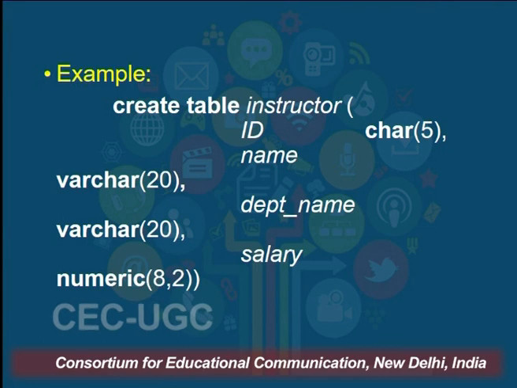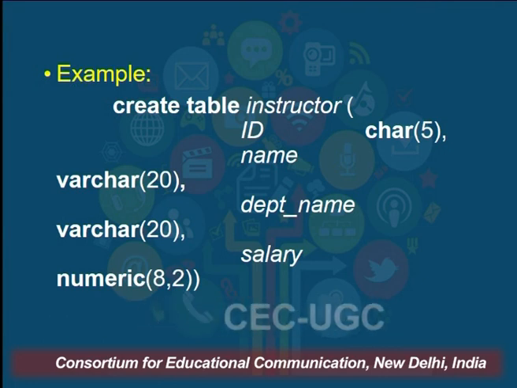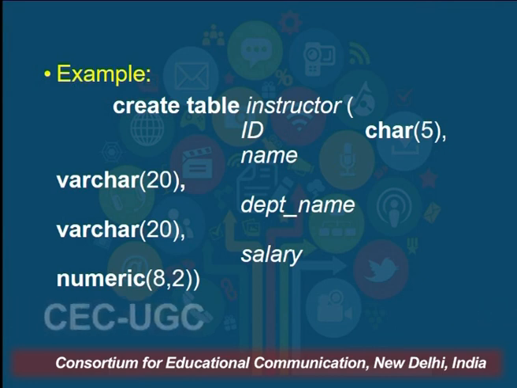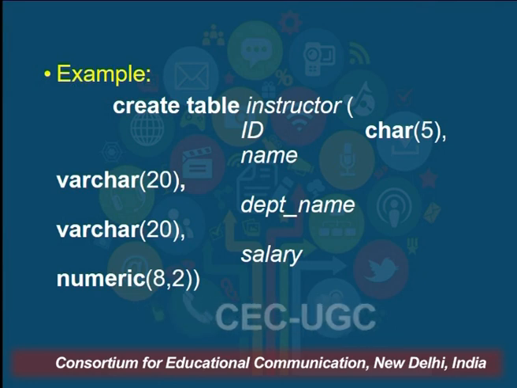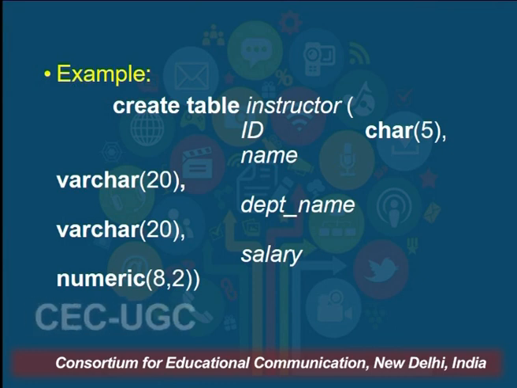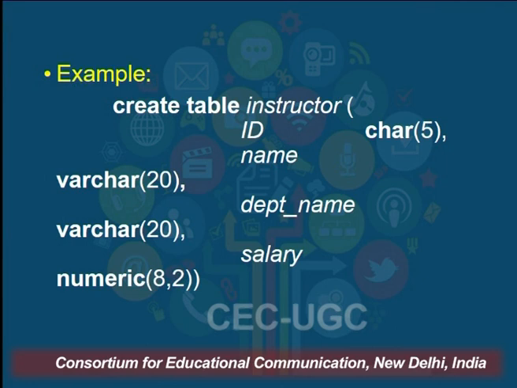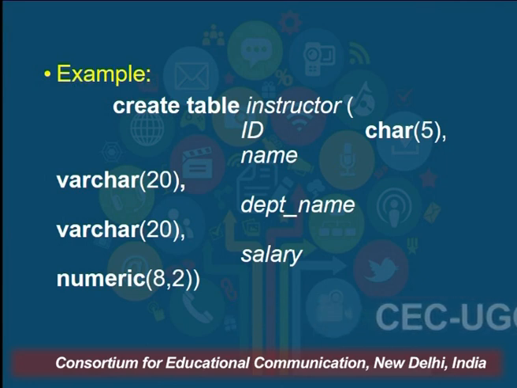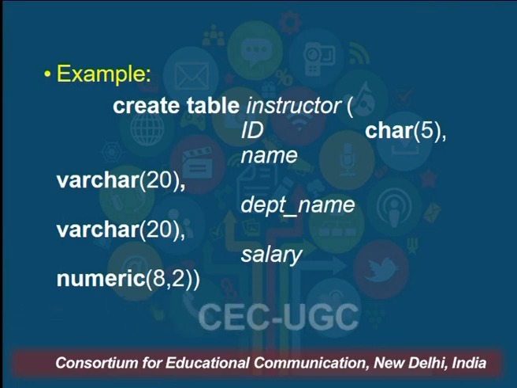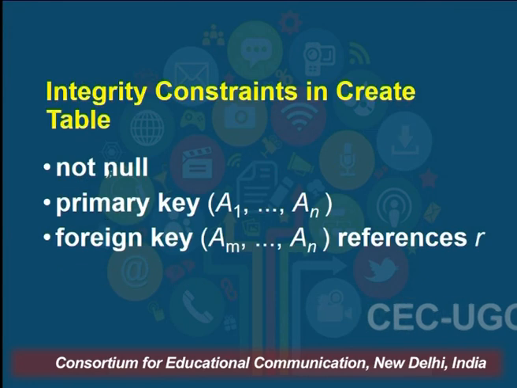After execution of this command, a table instructor will be created inside the database, and it will have 4 fields: ID, name, department name, and salary, where ID, name and department name are char and varchar respectively, and the domain of the salary attribute is numeric.